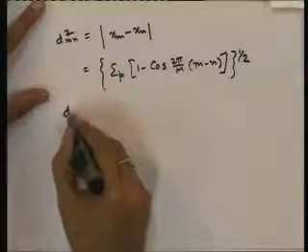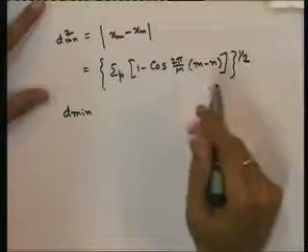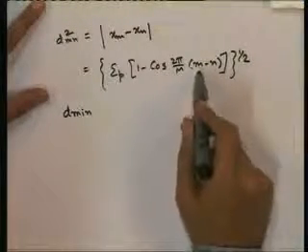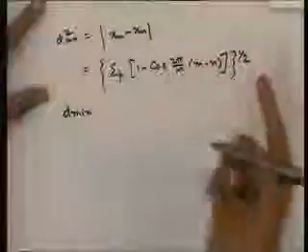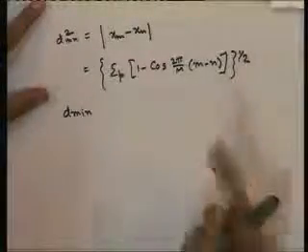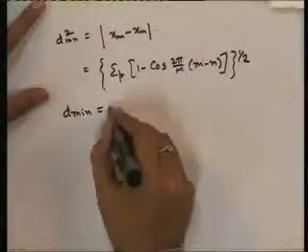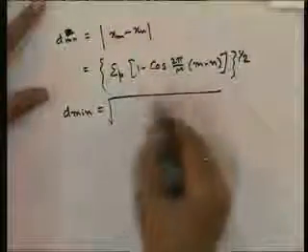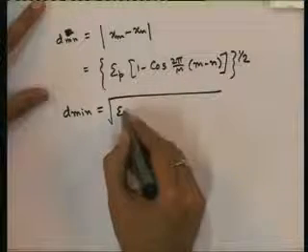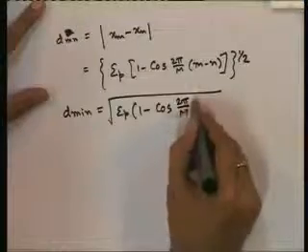So what is the minimum distance? It will be minimum for m and n consecutive, that is when m minus n is 1 or minus 1. So suppose m is 2, that is the second point, and the third point and fourth point, those will be the nearest. So d min will be root over E(1 minus cos 2 pi by M).